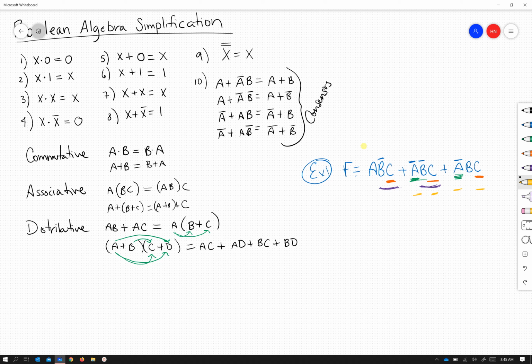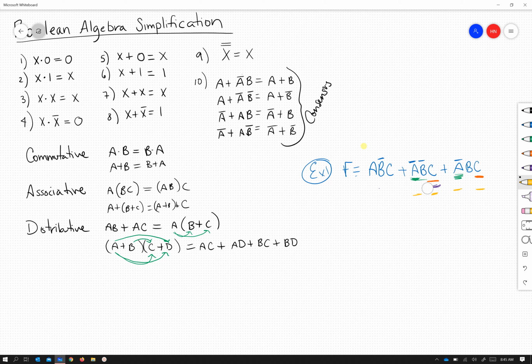Sometimes that's the only option, right? But if you have two letters like the purple, where you have not B and C from two terms, that's going to yield a better result, more than likely. So if you have a choice of factoring out one letter versus two or three letters, factor out more letters. In this case, we're going to factor out what I've underlined in purple.